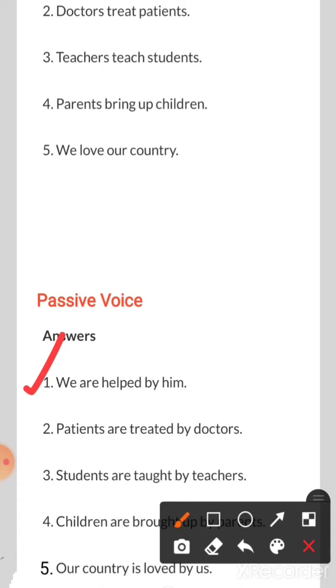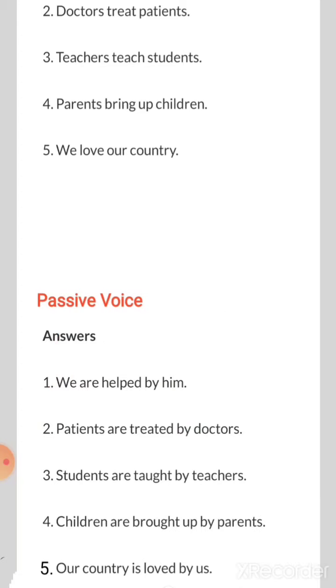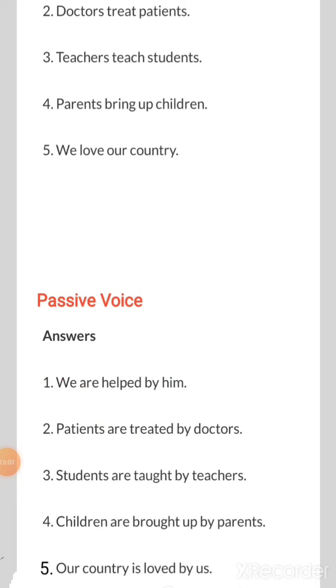So us becomes we, he becomes him. We is the subject, plural in number, so that is why we are. After that helps becomes helped, by him. So we are helped by him.